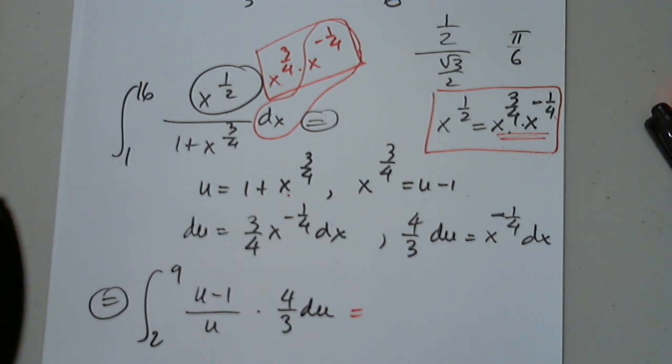Let me share my screen. And I had, so what was it? 1 to 16, from the square root of x and divided by, don't forget parentheses for the denominator, 1 plus x to 3/4.